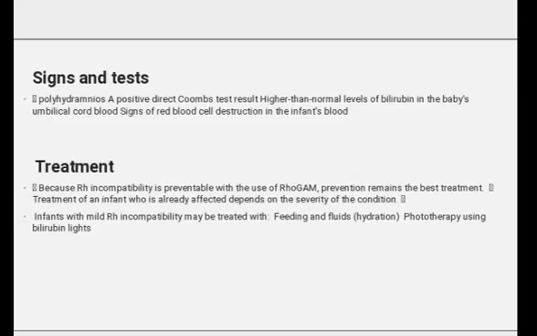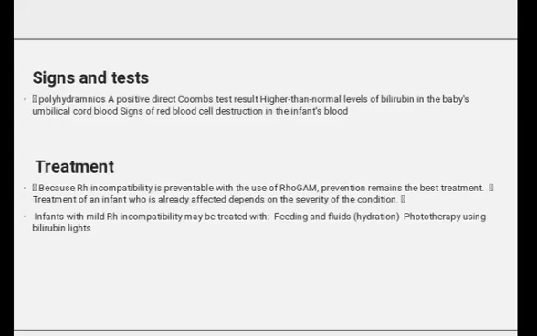Here, erythroblastosis fetalis and transfusion reactions like ABO incompatibility are two non-autoimmune type 2 reactions. Then treatment for this hypersensitivity reaction because of Rh incompatibility, which is preventable with the use of RhoGAM.